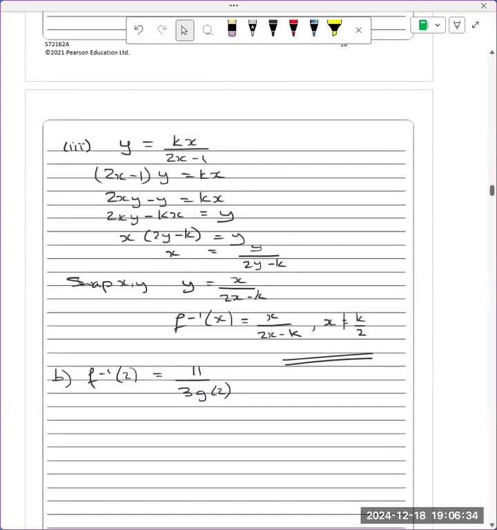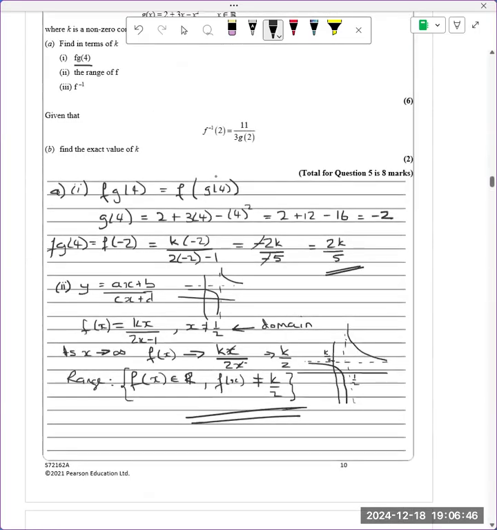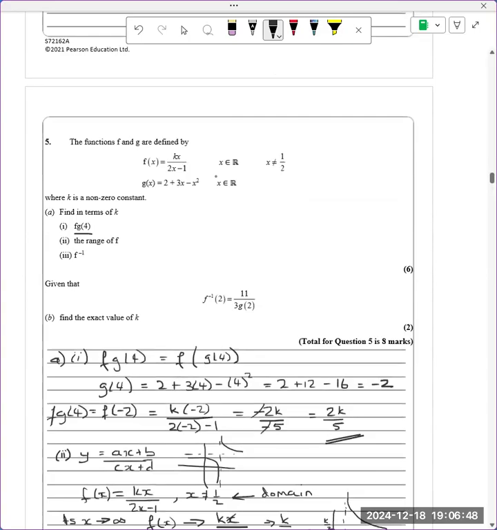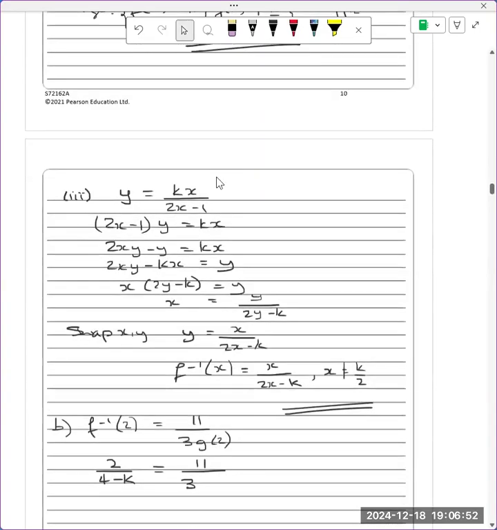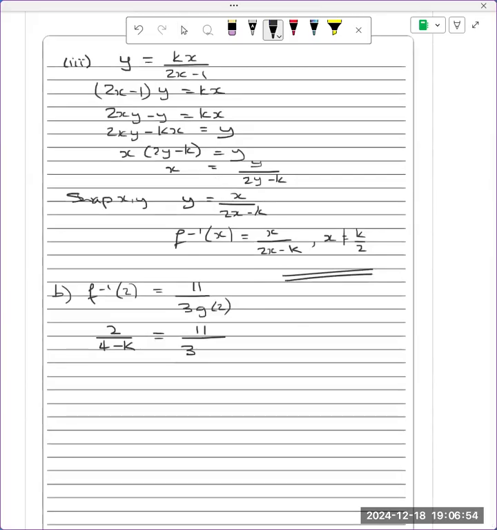So f inverse of 2 is what I now have here. So that is 2 over 4 minus k, which is 11 over 3. And then g of 2, g of x, oh gosh, 2 plus 3x minus x squared.